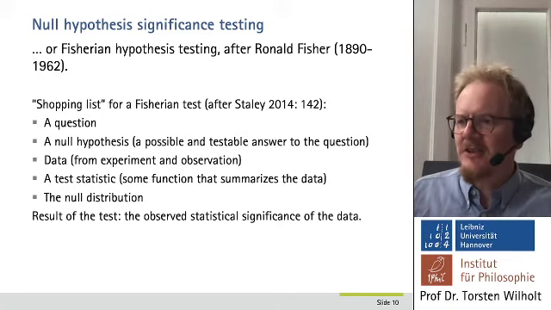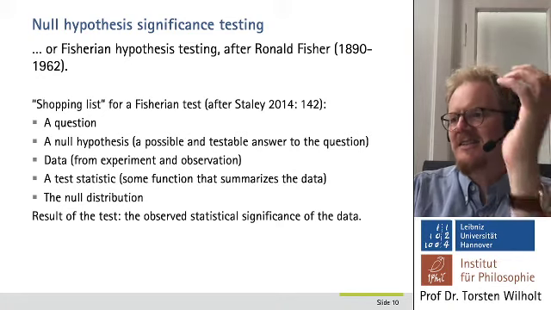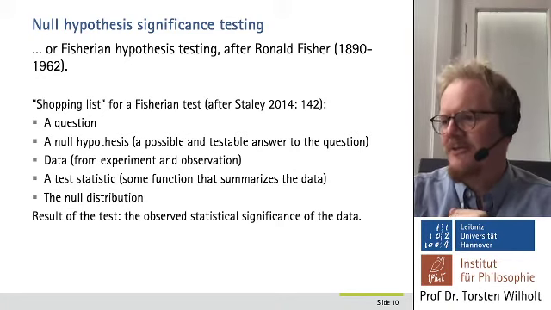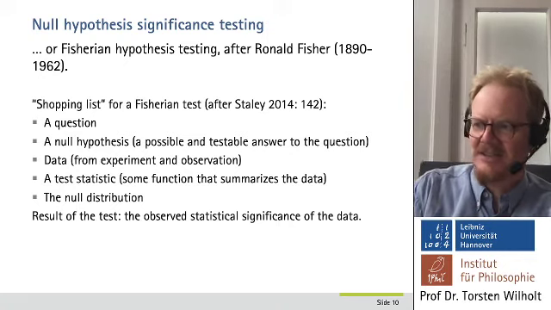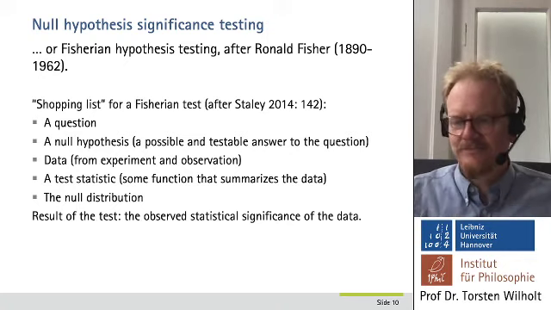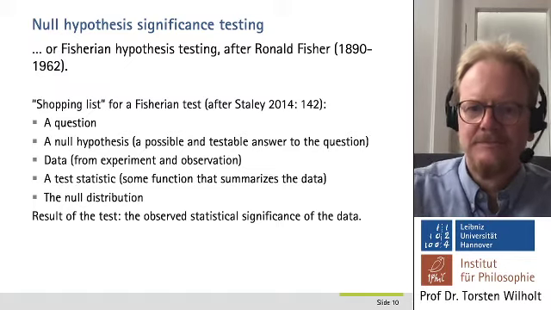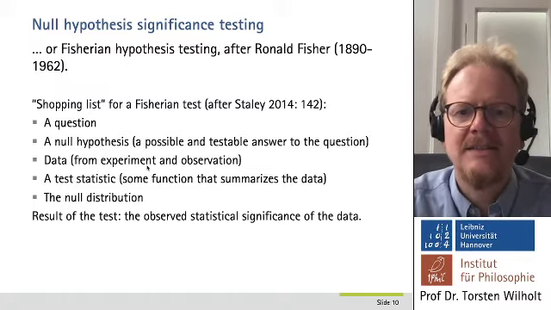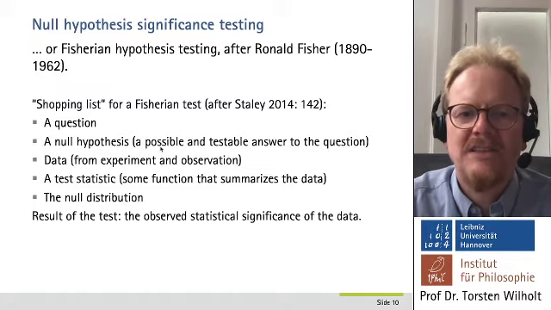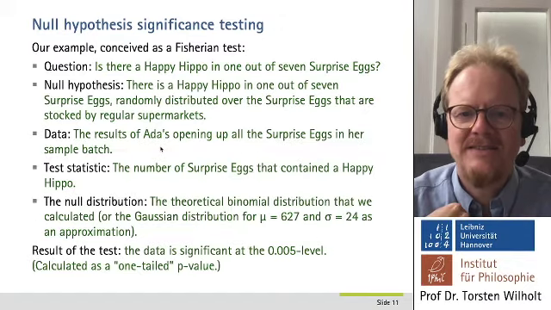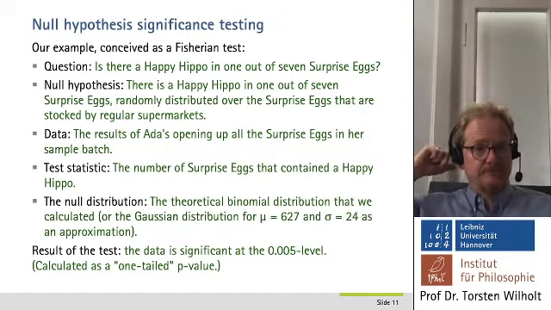And then the result of the test is the so-called observed statistical significance of the data. I'm going to explain this a little more by applying this to our example.